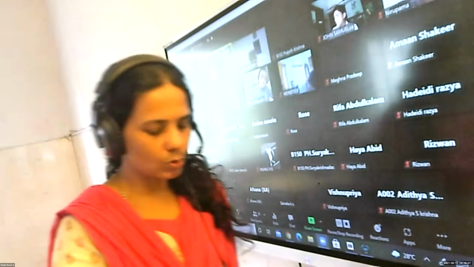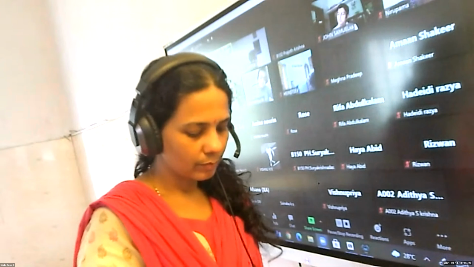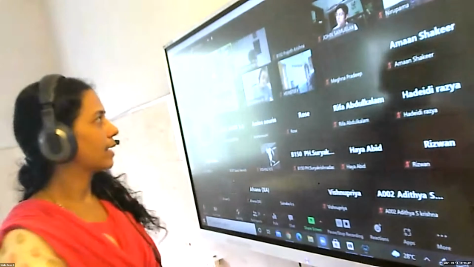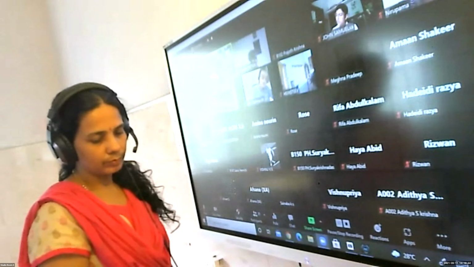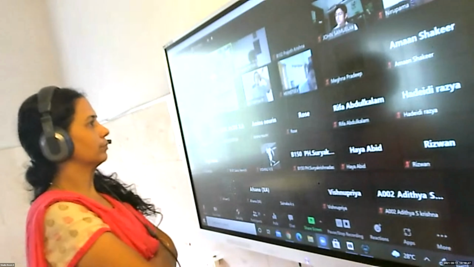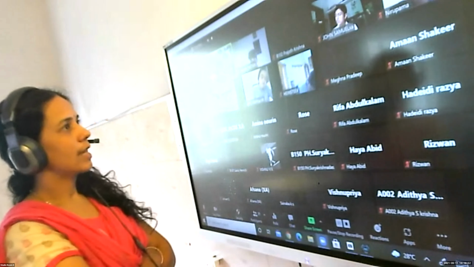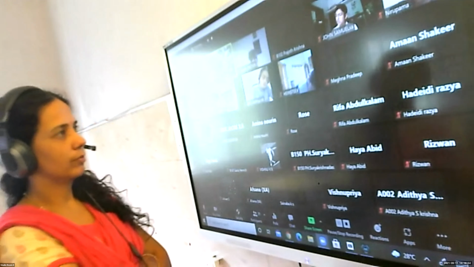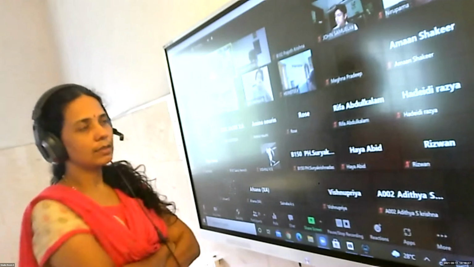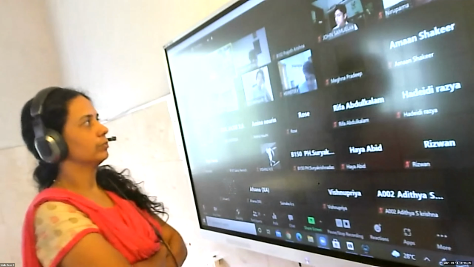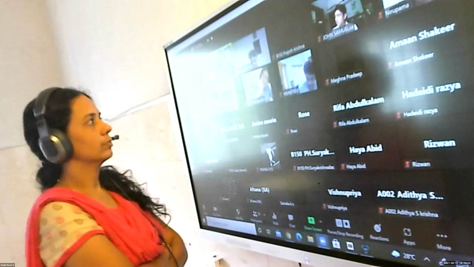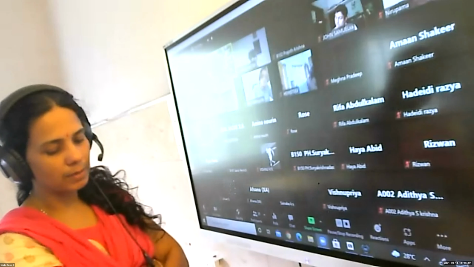What is the probability that the selected bulb is defective?